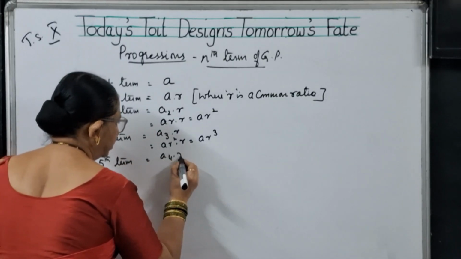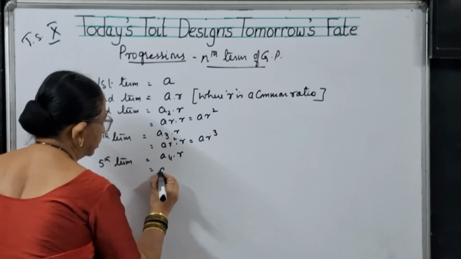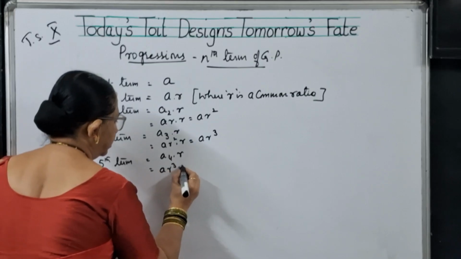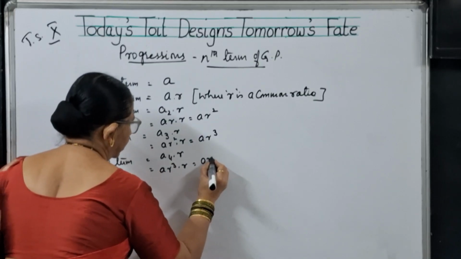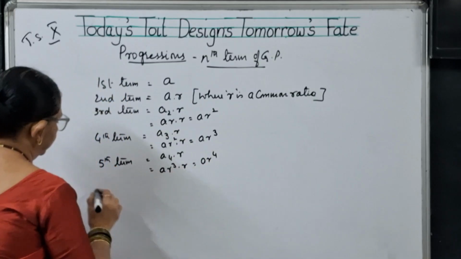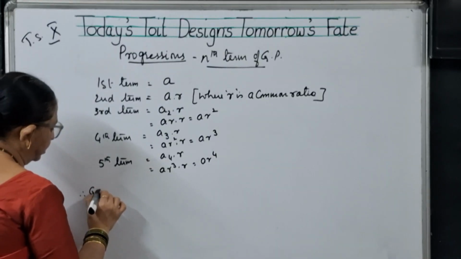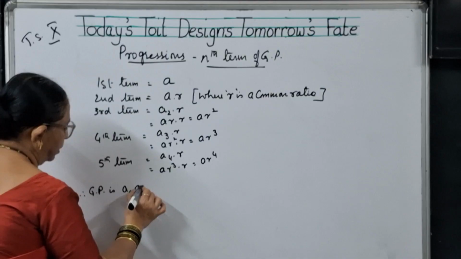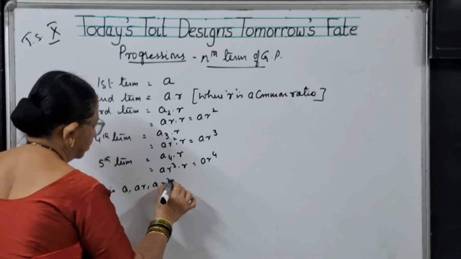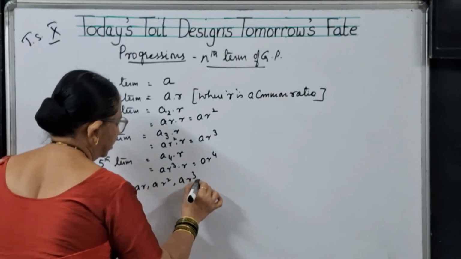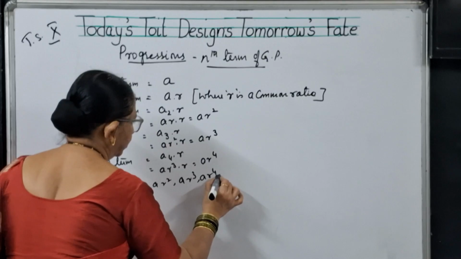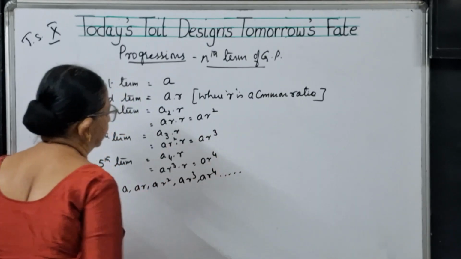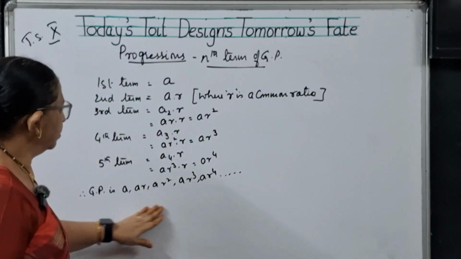Fourth term into R. The fourth term is AR cube into R, AR to the power of 4. Therefore, what are you getting? The GP is A, AR, AR square, AR cube, AR to the power of 4. A GP goes on like this.